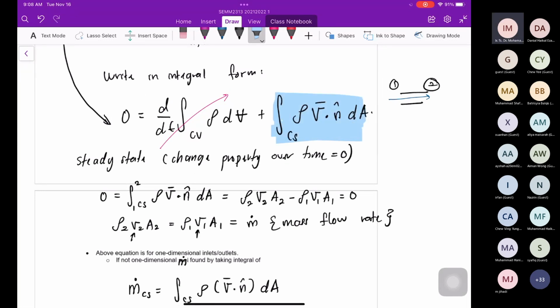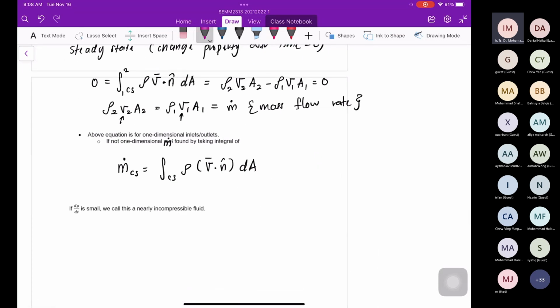Okay, if we have multiple inlets and outlets, for example, can you give an example? What kind of flow can you think of in your daily life that involves inlet 1, inlet 2, inlet 3, outlet 1, outlet 2, outlet 3, so many?